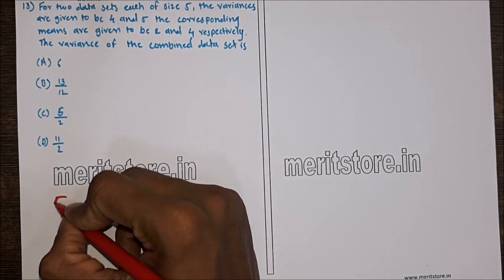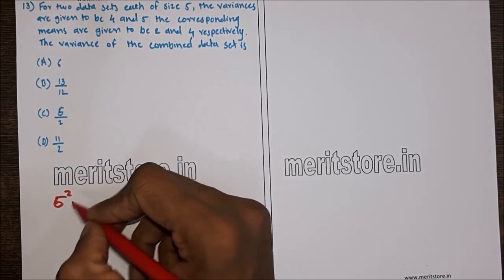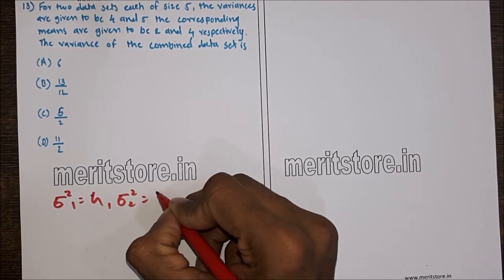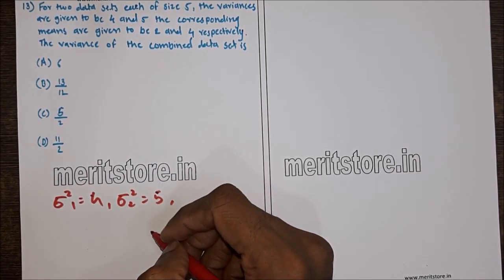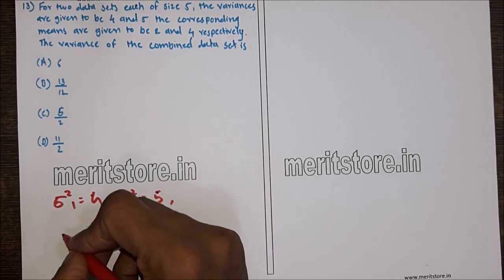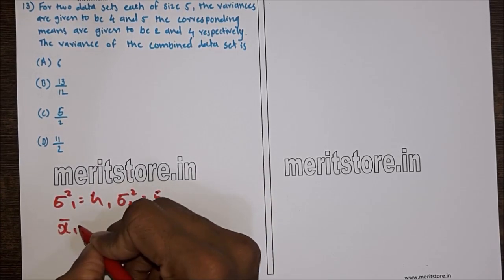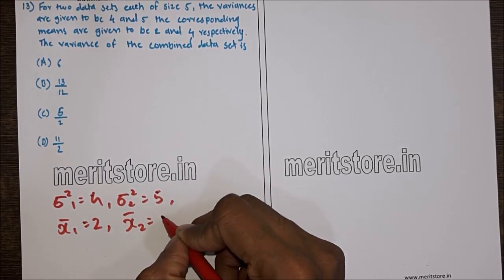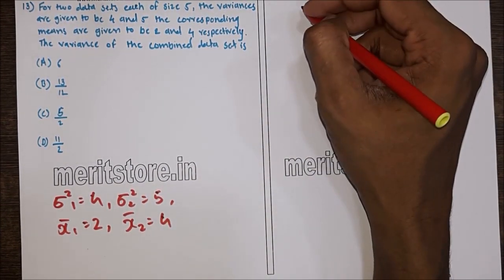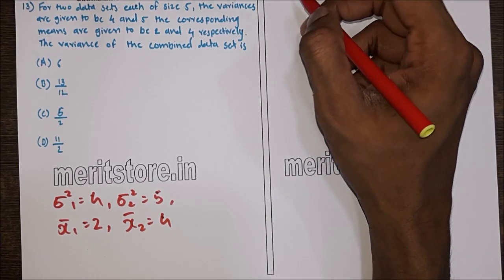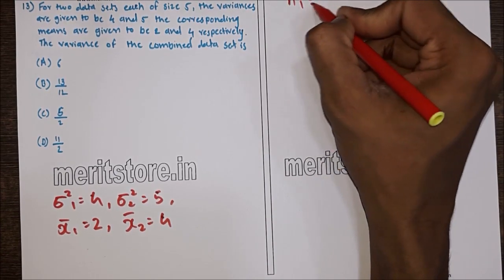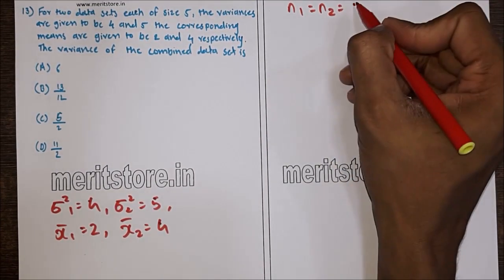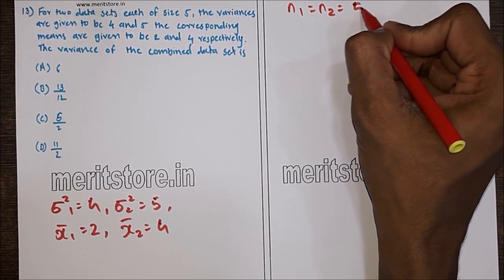So we have sigma 1 square is 4 and sigma 2 square is 5, and the mean for x1 is 2 and for x2 we have 4, and the data set of each size is 5, that is n1 equal to n2 equal to 5.